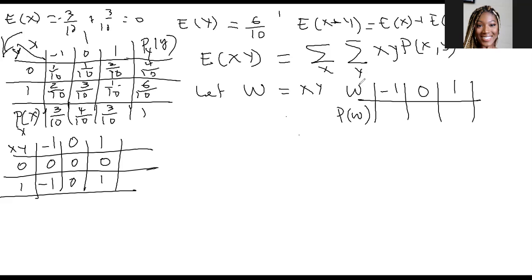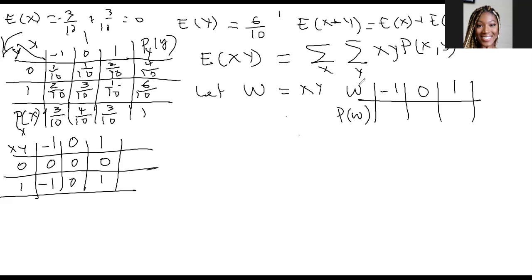When the product is negative 1, what is the probability that we have a product of negative 1? What are the numbers that when you multiply, you get negative 1, and how do you get it? That's the equation.